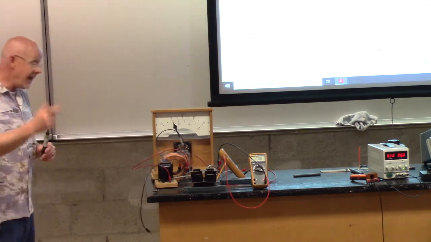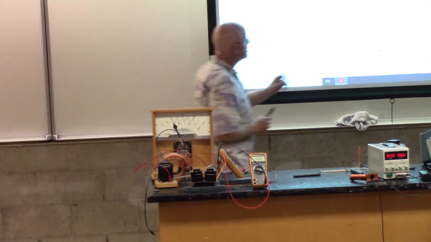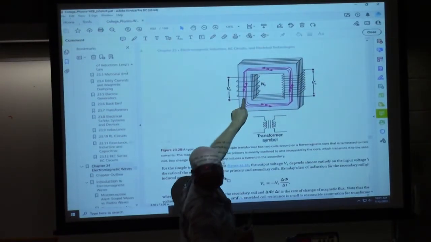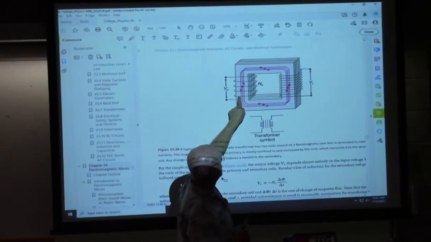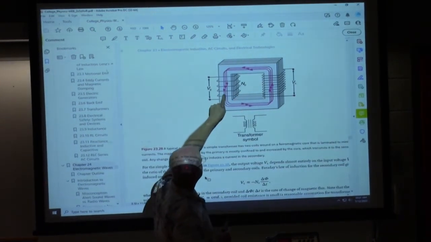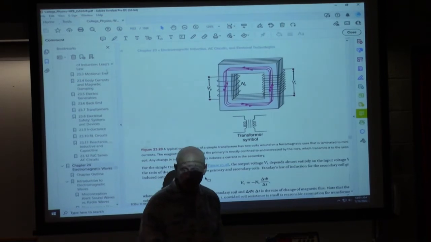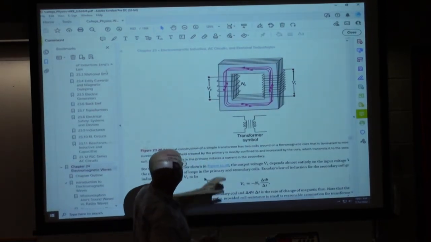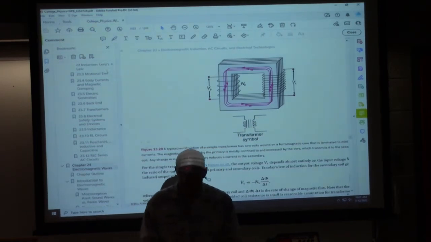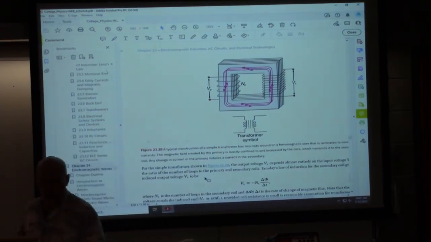And so what will happen is current will begin to go through this primary. He calls it number of turns in the primary. And that's going to make some flux. And then the flux is directed into a second coil. And we use these little magnetic bars for that.